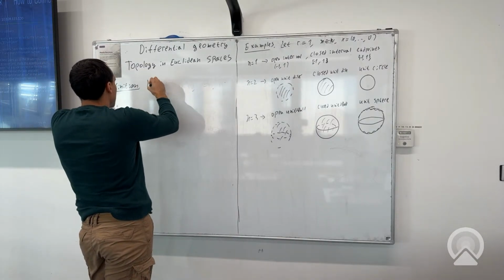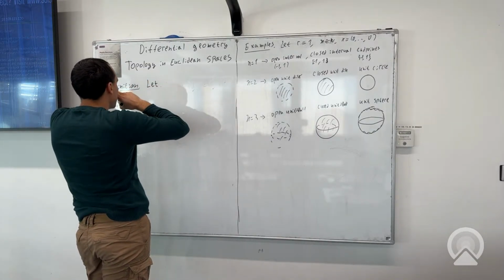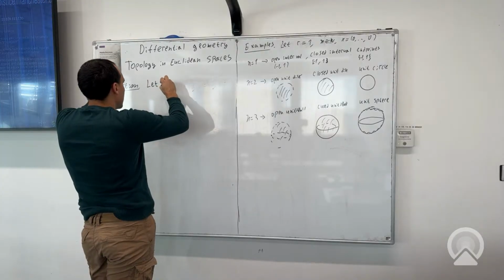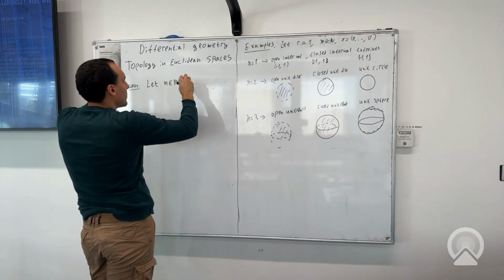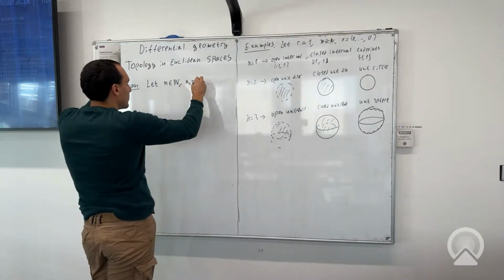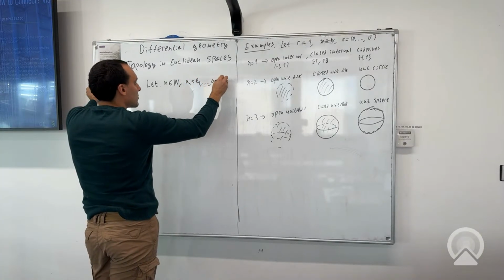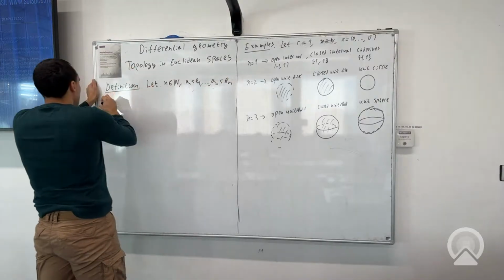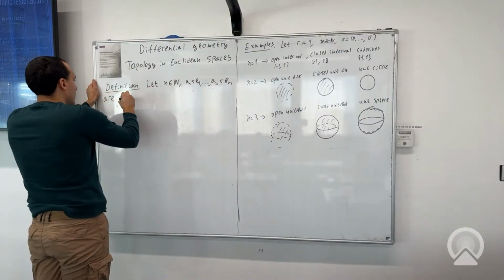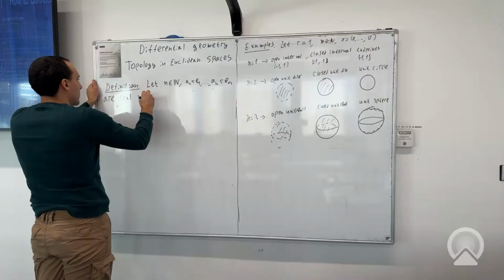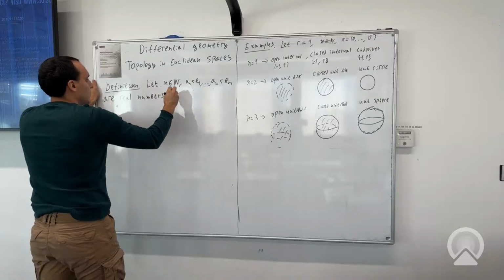So let n be an integer, a1 smaller than b1 and so on, an smaller than bn are real numbers. Define the following.